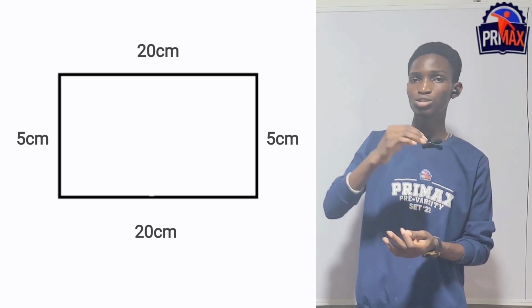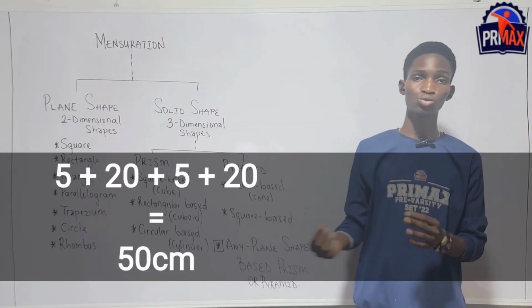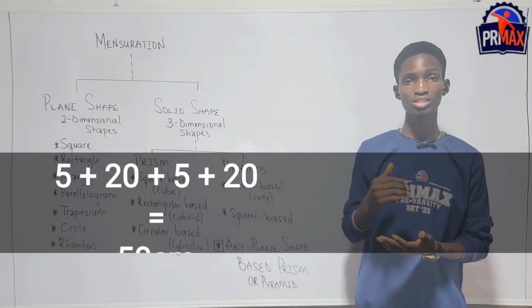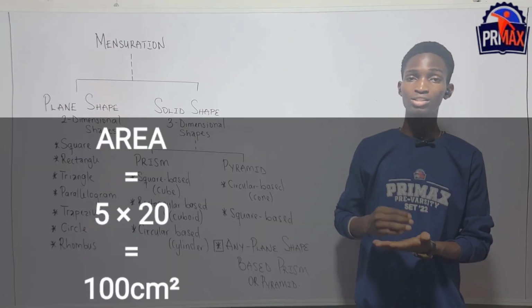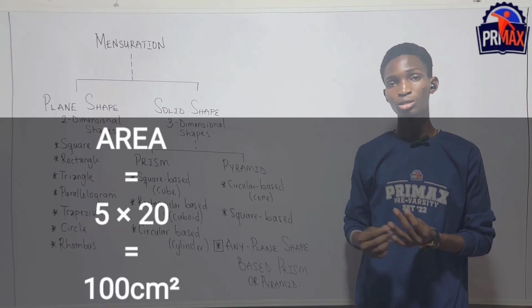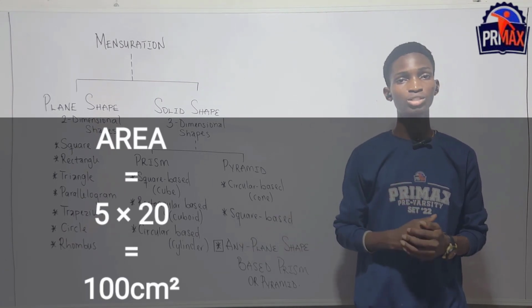So what is going to be the sum of this? That is 5 plus 20 plus 5 plus 20. That's going to give us 50 centimeters. While the area of this rectangle is going to be what? The 5 centimeters multiplied by the 20 centimeters, and that's going to give us 100 centimeters squared.